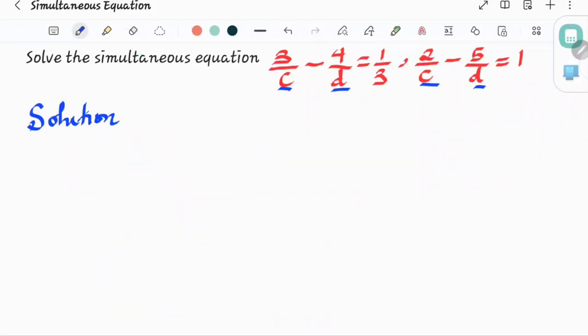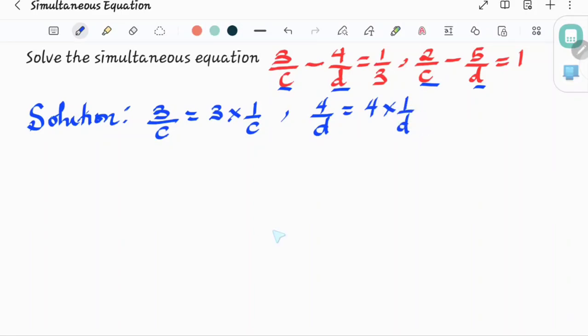All right, so what we can do is that first of all, we can exemplify the fact that 3 over c is the same thing as 3 times 1 over c, because if you multiply this, you will still get this. And we can also exemplify that 4 over d is also the same as 4 times 1 over d.